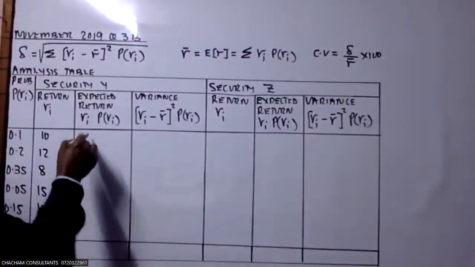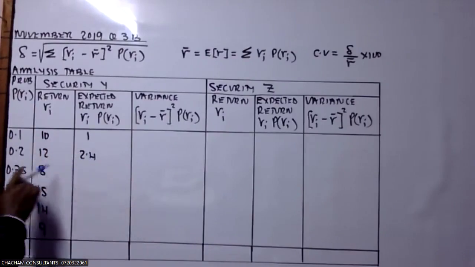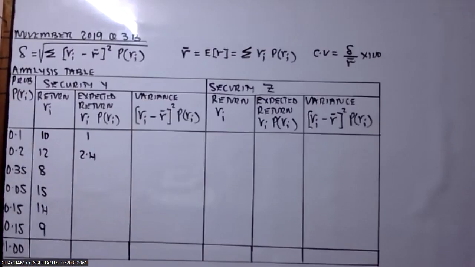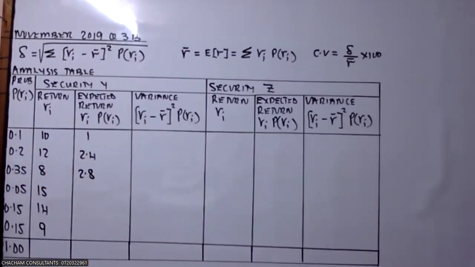Yeah, it is 1. This one, 0.2 times 12. Two point four. 0.35 times 8. 2.8. Next, 0.75.